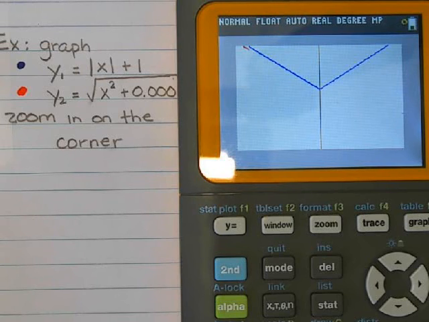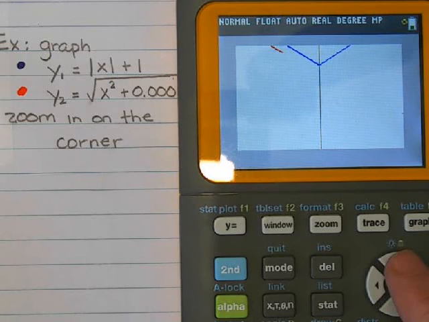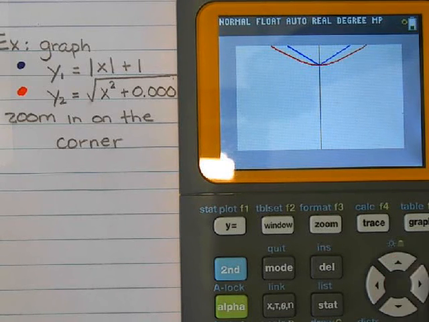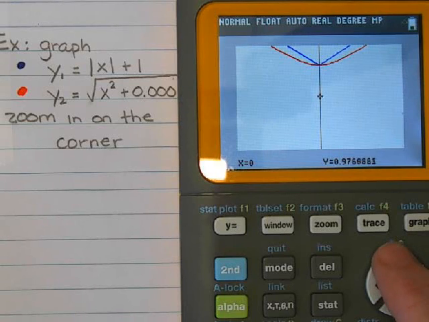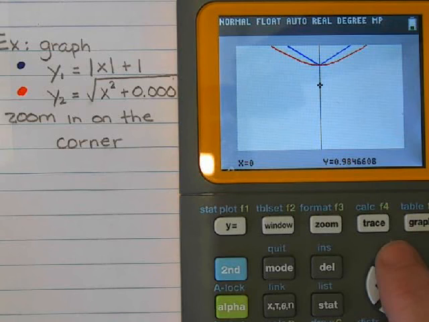Zoom in again. Starting to look a little bit different. Zoom in again. Definitely looking different right here.